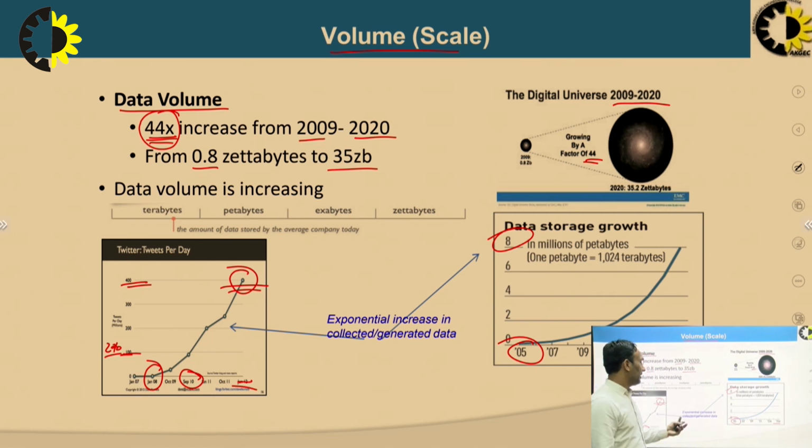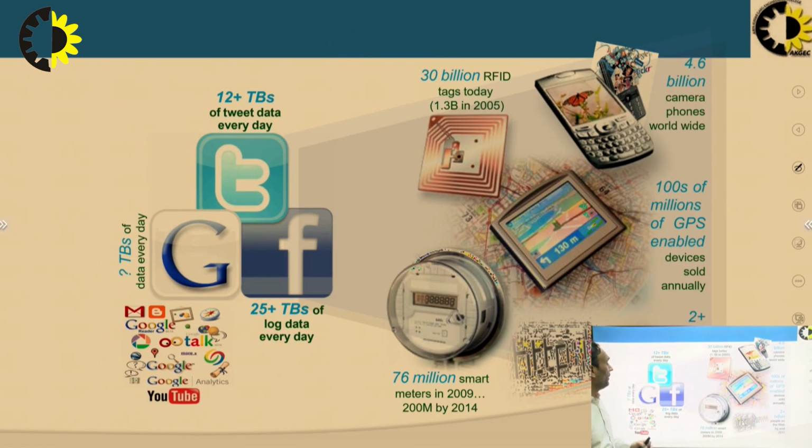So these are the short, required statistics that give an overall view of what size of data is available and about the volume. And the sources of volume, as we know, are Twitter, Google, Facebook, and so on.